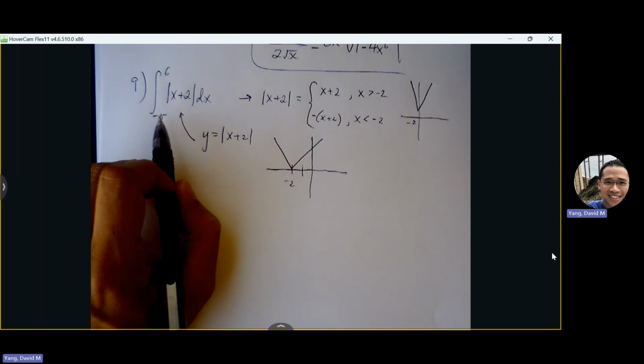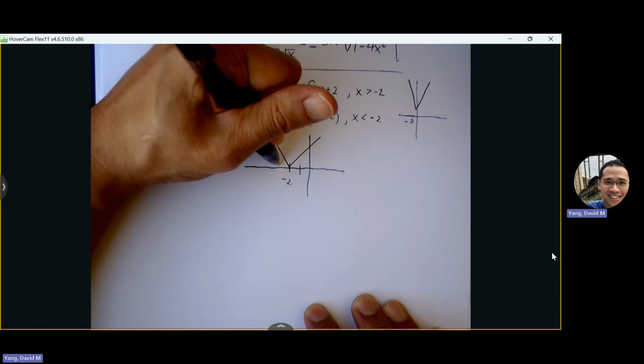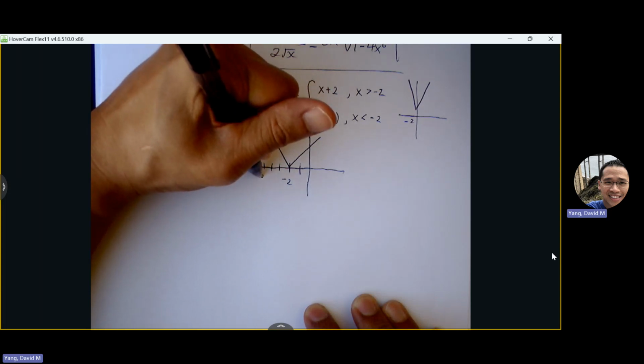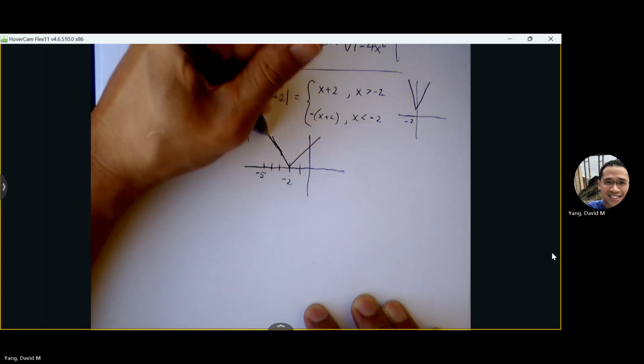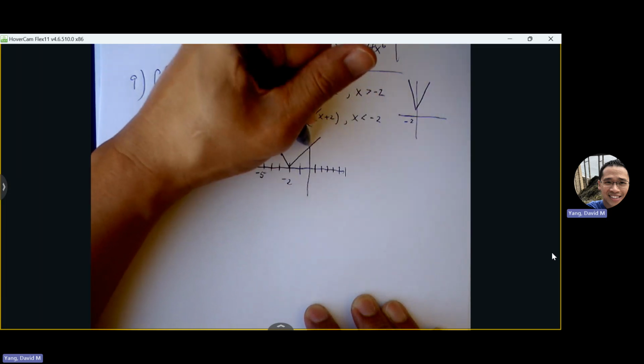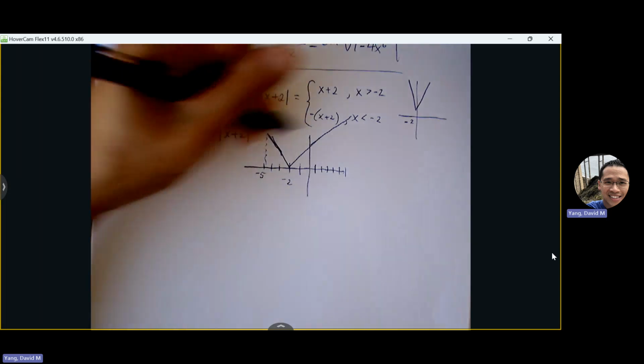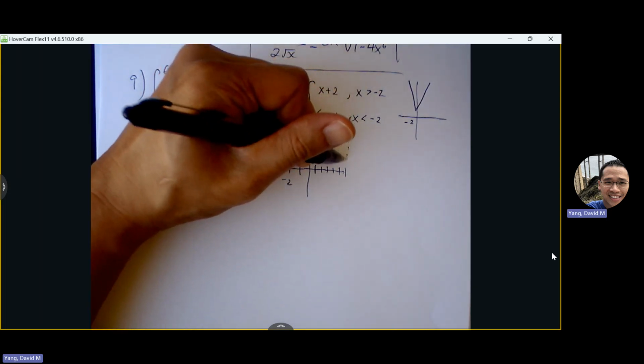Now, we want to involve the region from negative 5 to 6. So I'm going to mark off where negative 5 is, 3, 4, 5. Then 6: 1, 2, 3, 4, 5, 6. If I block off this region, do you see how there are basically two triangles here?